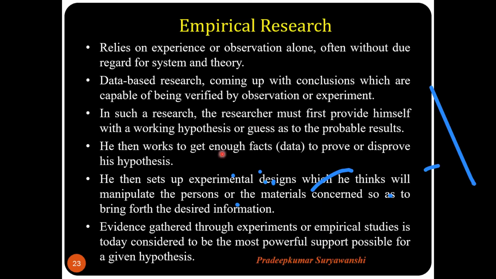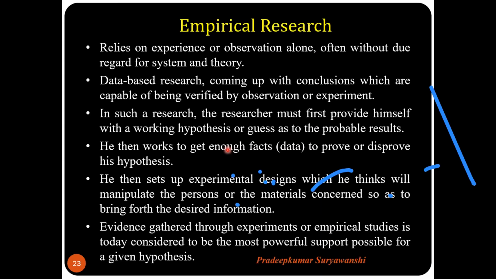He then works to get enough facts to prove or disprove his hypothesis, and this is what happens in the scientific world. They keep on hypothesizing something, and the researcher who proposes that hypothesis will try to find facts and figures to prove it, and there are a group of researchers who are going to disprove it.